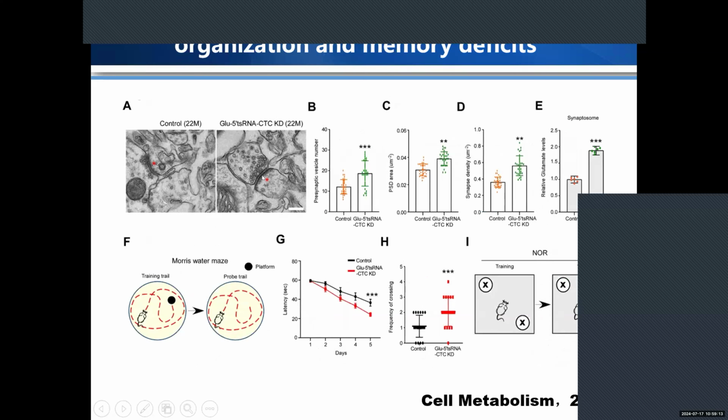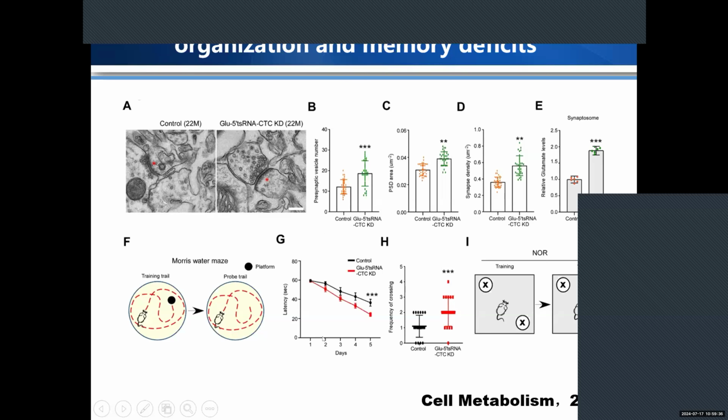So we know glutamate is a major neurotransmitter for brain function. If the glutamate level decreases, it definitely affects brain function. The major function we are studying is learning and memory. So we analyzed the learning and memory behavior in old mice, or aging mice.